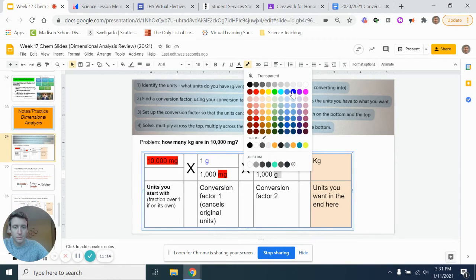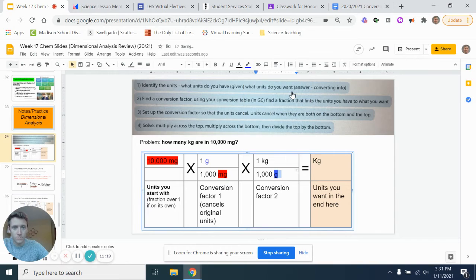Okay, looks like grams cancel out. Milligrams cancel out. I'm left over with just kilograms. So now that I've checked that the units cancel out that I don't want, and the only units that don't cancel out are the ones that I want, now I'm ready to solve.